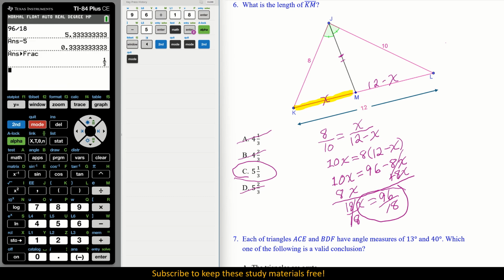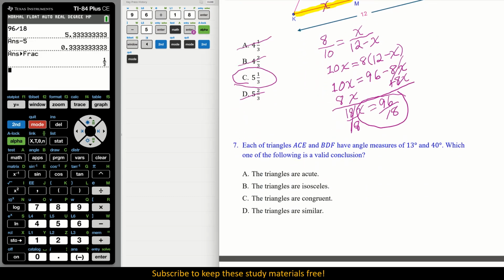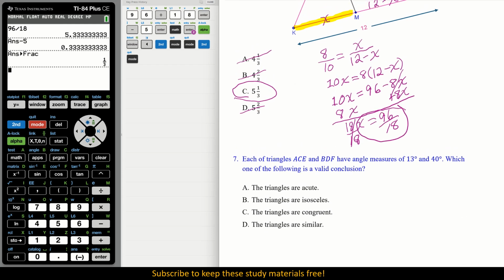All right, let's back out of that and go to number 7. This is just a thinking question. Each of the triangles ACE and BDF have angle measures of 13 and 40.